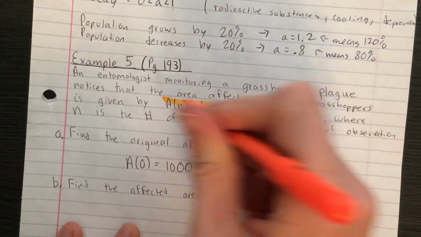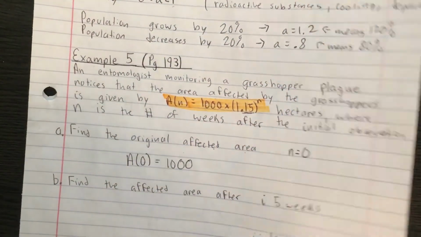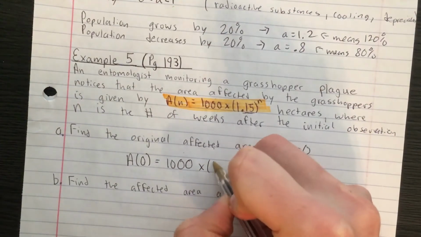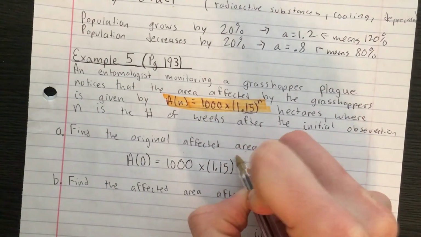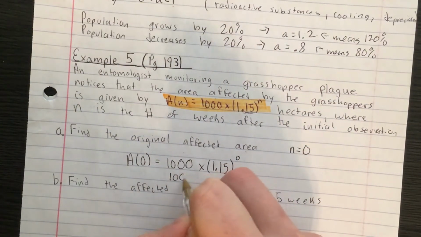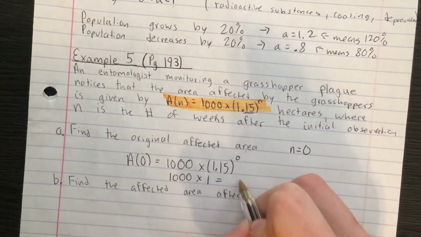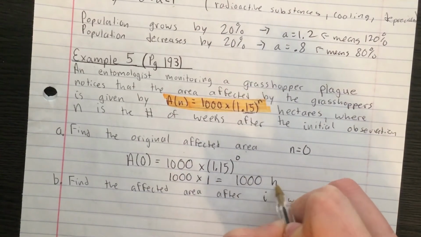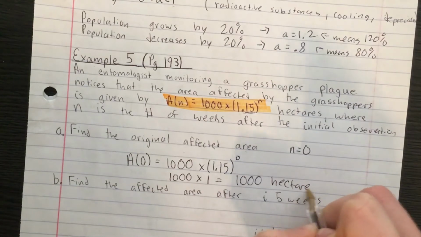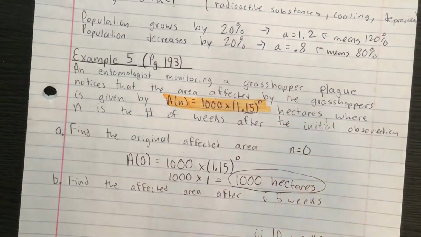That's 1,000 times 1.15 to the 0 power. Anything to the 0 power is just 1, so that's 1,000 times 1. So that would be 1,000 hectares, which is some sort of land measurement. Mr. Price isn't exactly sure how much a hectare is.